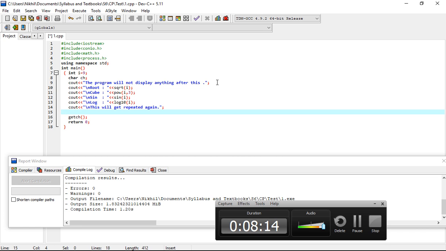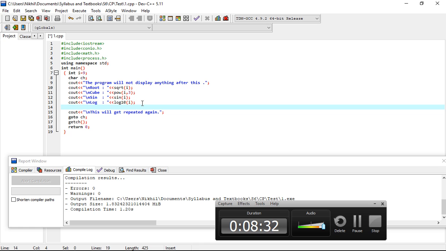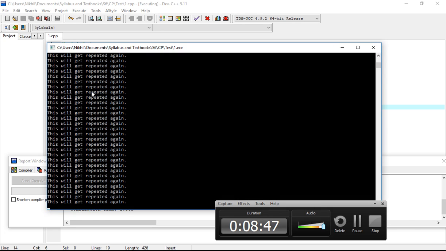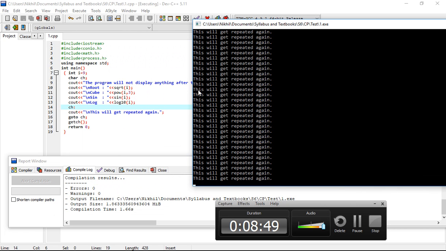And I'm going to write go to ch, and the syntax asks us to give a normal terminating semicolon here, and wherever we need this repetition to happen, we write ch with a colon, right? And if we execute, you'll see what happens. Right, in this case we created an infinite loop.